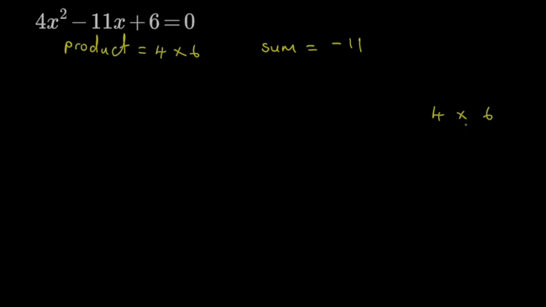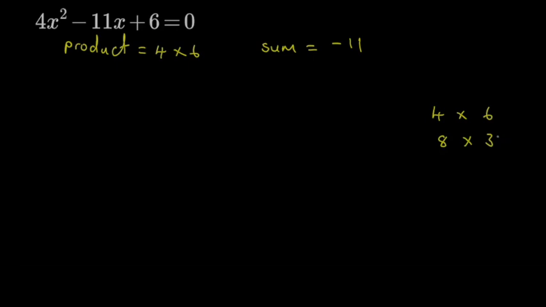For example, I can say 6 divided by 2 gives 3, and in the same breath I multiply this number by 2 so that I get 8. Notice that 4 multiplied by 6 is equal to 24, and 8 multiplied by 3 is equal to 24 as well. So you're preserving your product.